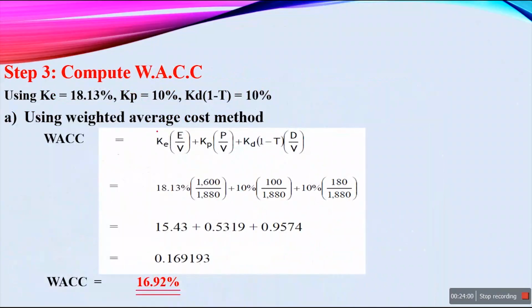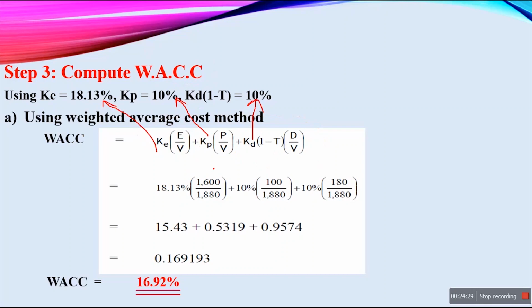In step 3 is where we are going to calculate the weighted average cost of capital, and here we are going to apply the formula that we looked at previously, whereby weighted average cost of capital is given by this formula. Now, in the formula here, we already got our KE as 18.13%, that is the cost of equity. Our cost of preference shares was 10%, and the cost of debt was 10%.